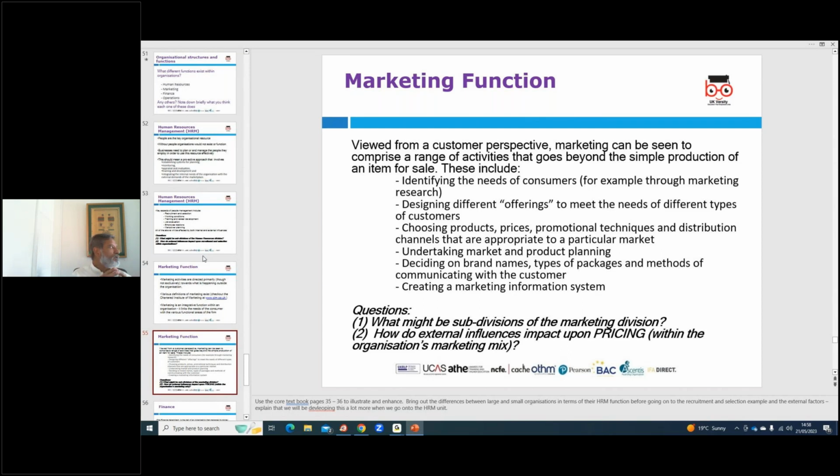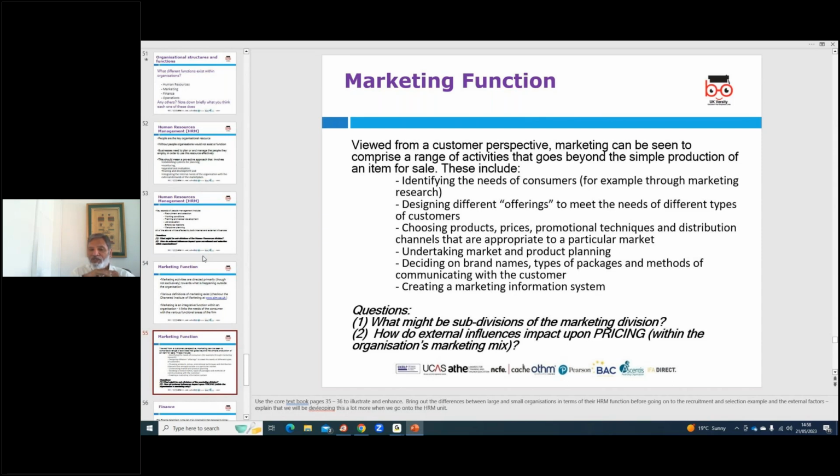So the marketing department is also interacting with the organization to fulfill its objectives, making sure that the vision and the objective of the organization is fulfilled by selling the products properly, by promoting them properly, by distributing them to the outside world, by making sure that the product is right for the right people at the right time.